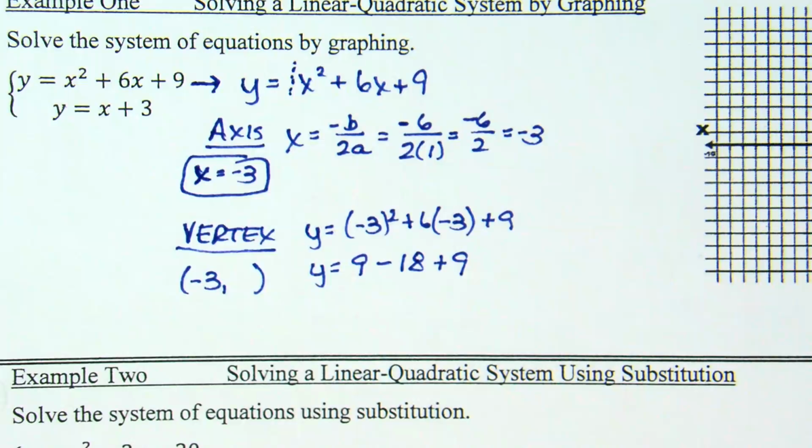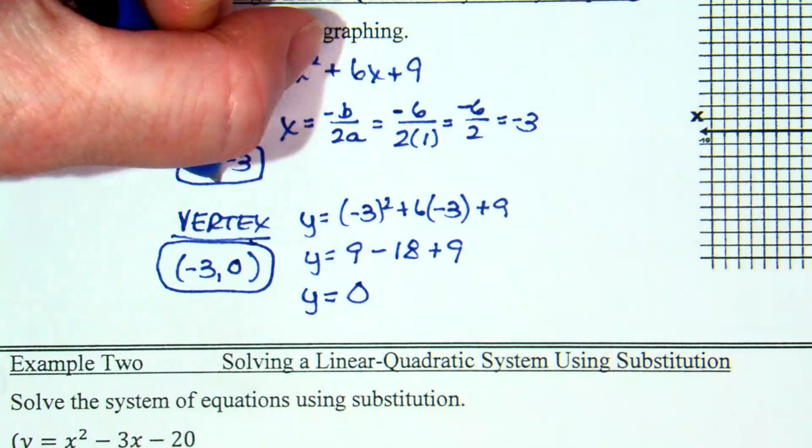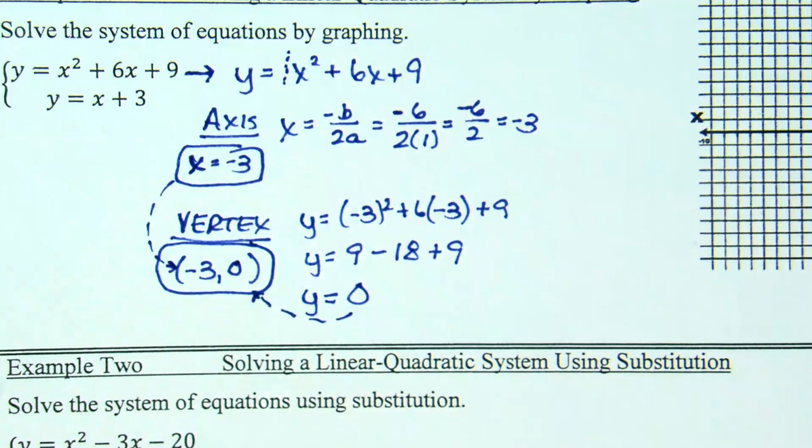What's 9 minus 18 plus 9? 0. So that tells me my vertex is negative 3, 0. That's coming back to you, right? Yes?